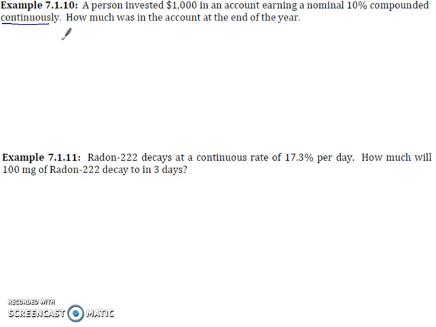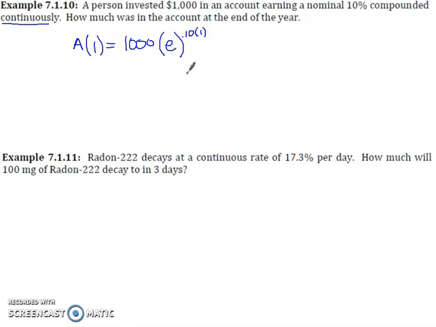Here I see that we are compounding continuously, so I want to look at the amount in my account after time t using my continuous formula. The time t we're looking at is 1 year. My principal is $1,000. I'm multiplying by e because this is continuous growth. And we are earning an interest rate of 10% per year.